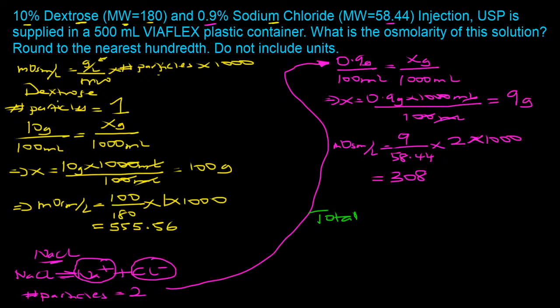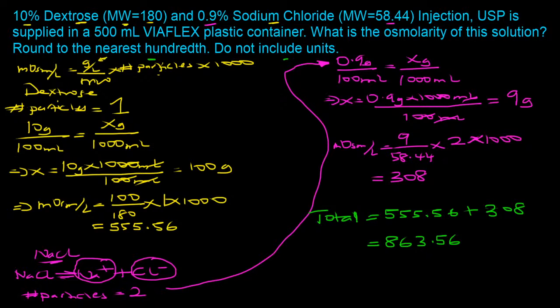Okay, so let's just say total will be equal to 555.56 plus the 308, and that should be equal to 863.56. So we have 0.56 because it says round to the nearest 100 and do not include units.